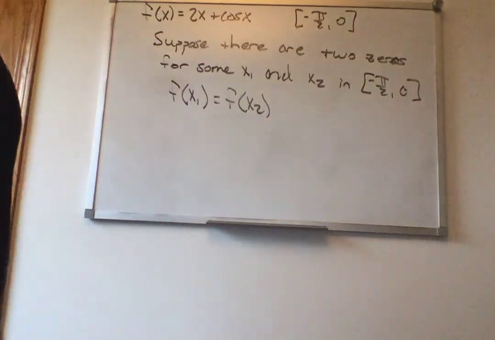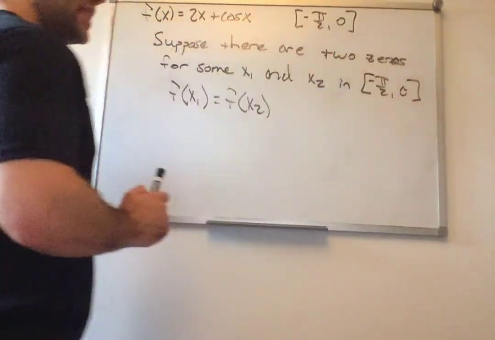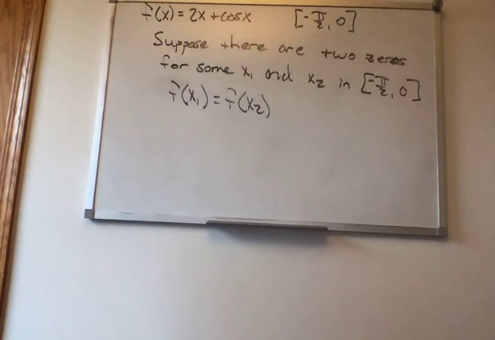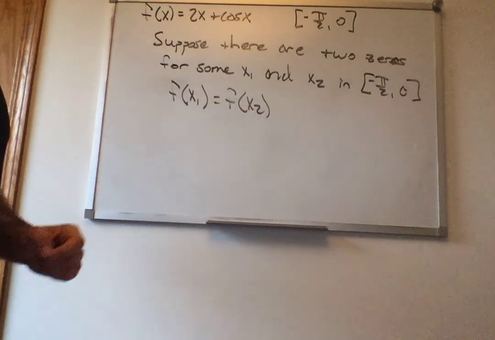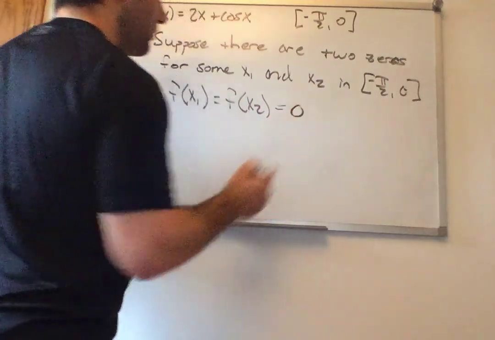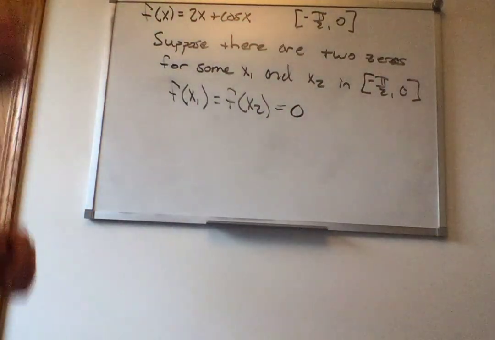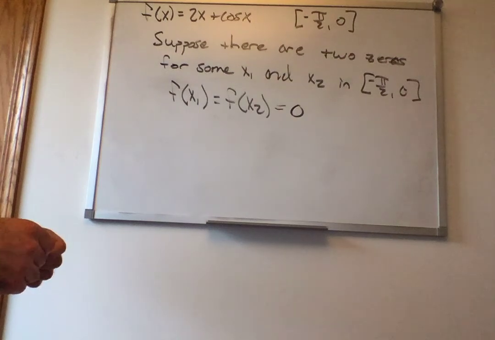Cosine is also continuous and differentiable on negative infinity to infinity, so it's also the same thing on any closed interval. f of x1 is equal to f of x2, which is equal to 0, because they are zeros. All 3 conditions of Rolle's theorem have been satisfied.